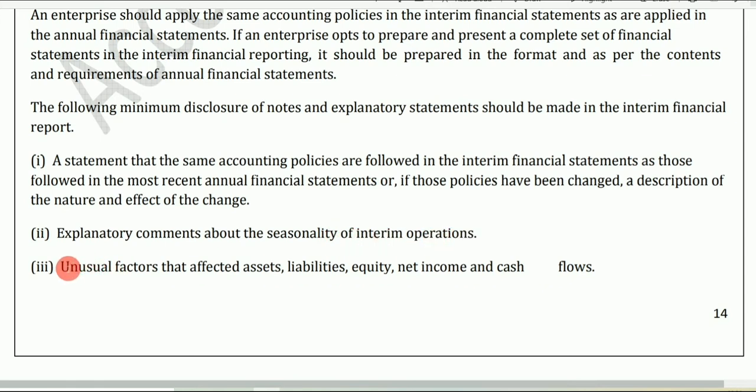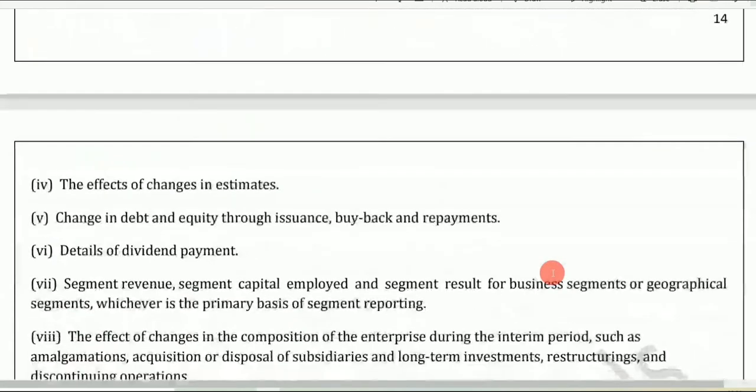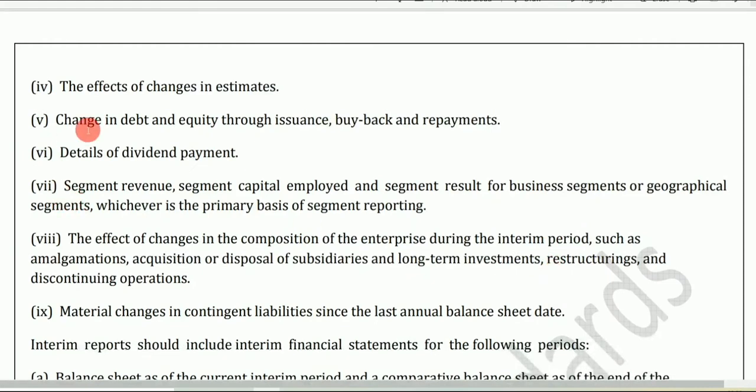Number 3, unusual factors that affected assets, liabilities, equity, net income and cash flows. Number 4, the effects of changes in estimates. Number 5, changes in debt and equity through issuance, buyback and repayments. Number 6, details of dividend payment.